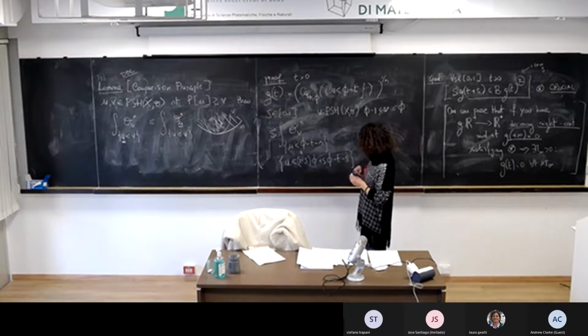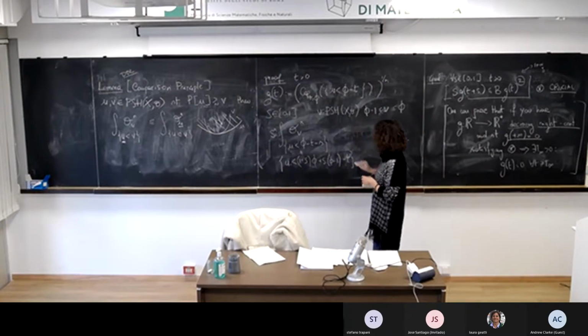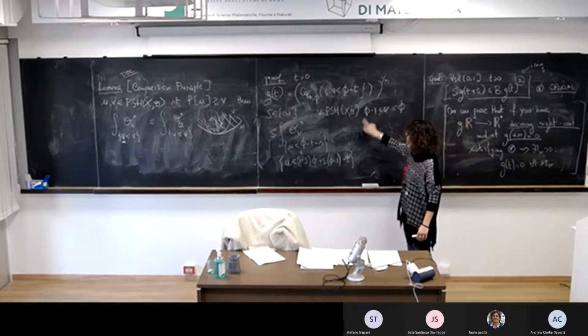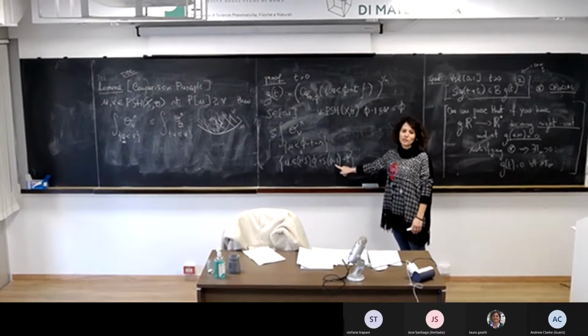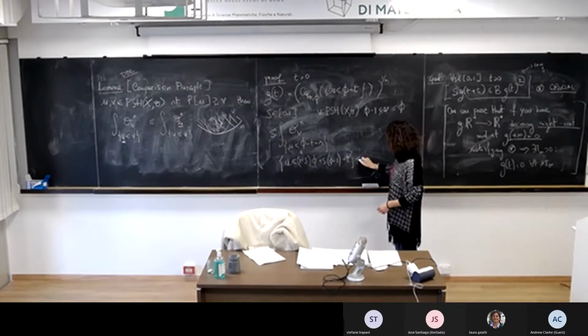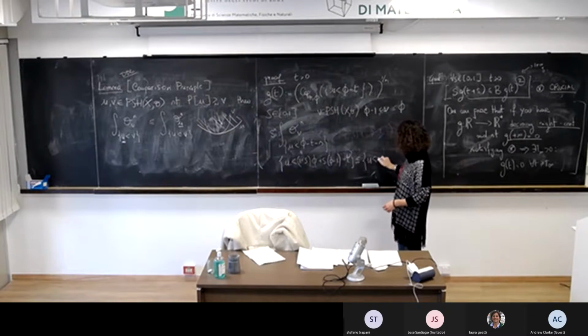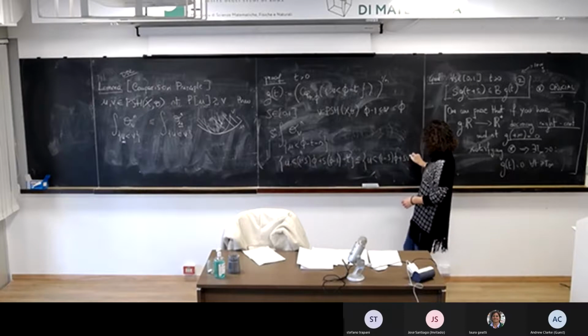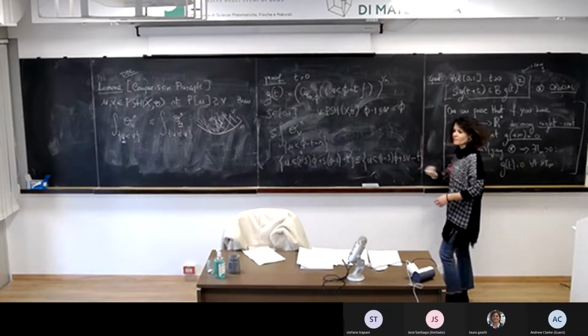So let me use the power of the blackboard and put these s together. So this is s of phi minus 1 minus t, right? I didn't do anything. And now we know that v is bigger than this function, right? So it means that this set is contained in the set u less than 1 minus s capital phi plus s v minus t.